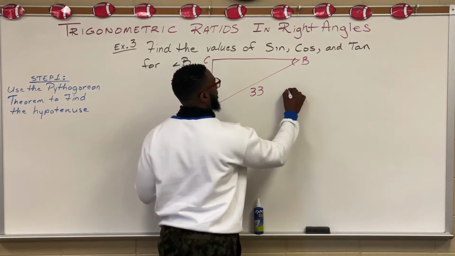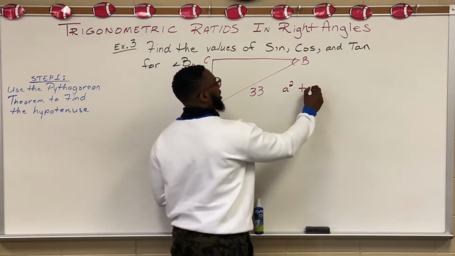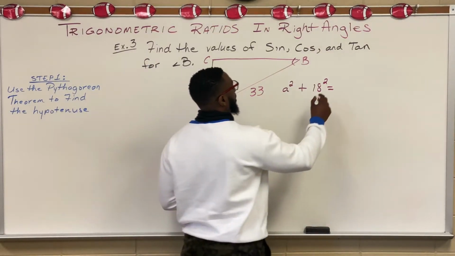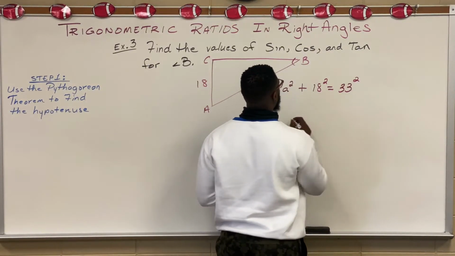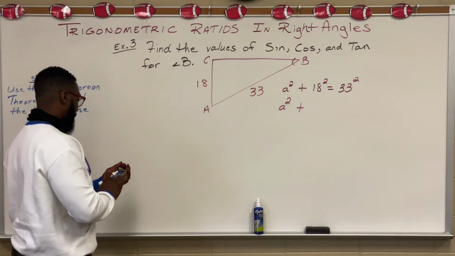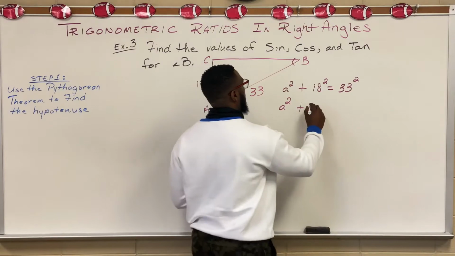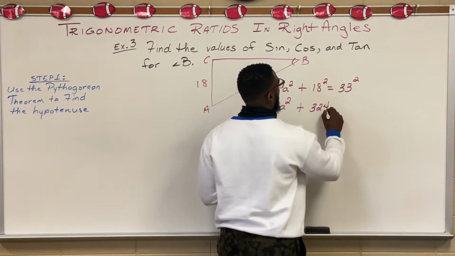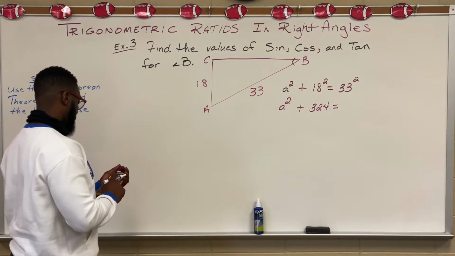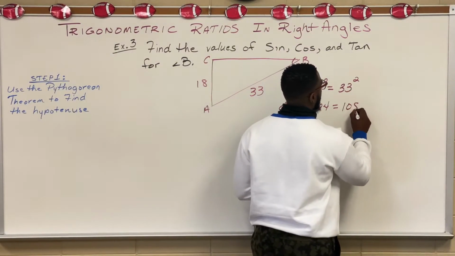So A squared plus 18 squared equals 33 squared. A squared plus 18 squared is 324. 33 squared is 1,089.